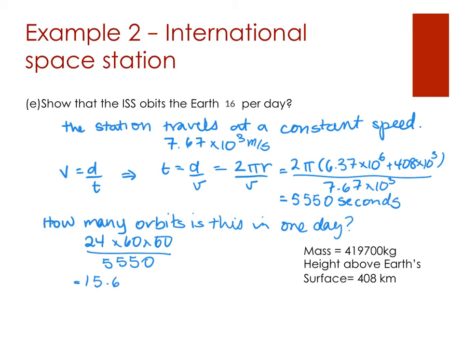Again, you put down the unrounded answer and then the rounded one that matches what we're asked to look for. So it will be 16 times in one day the International Space Station will orbit the Earth. Remember, in all of these show that questions, you can't use that value in your calculation. It must show up in your final answer.